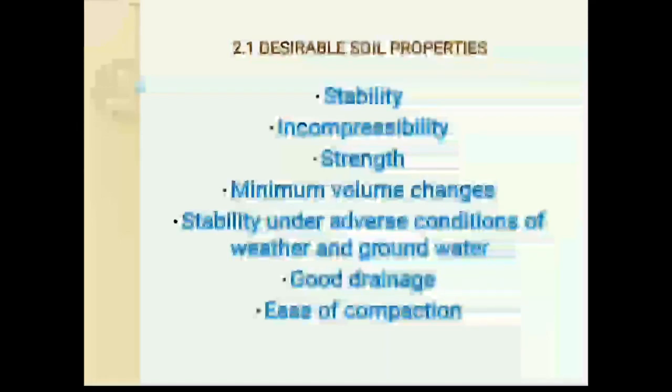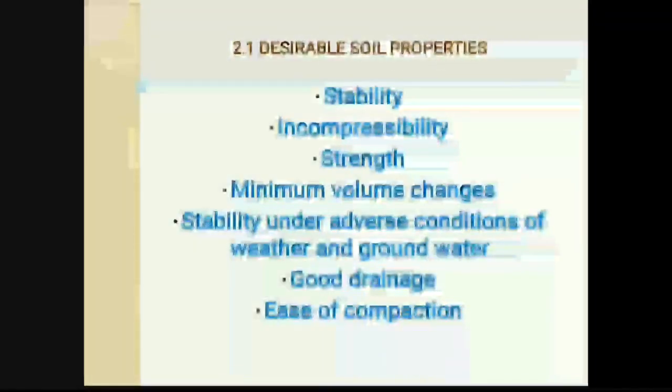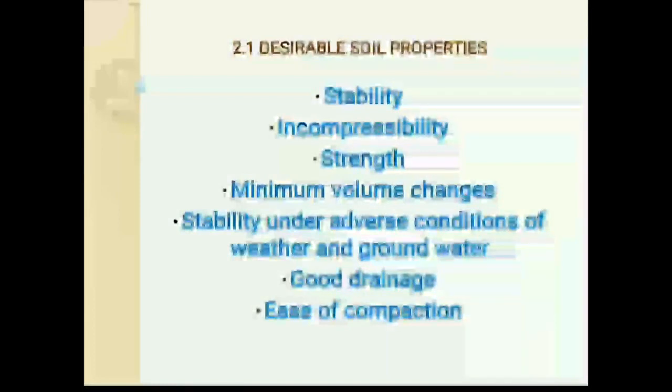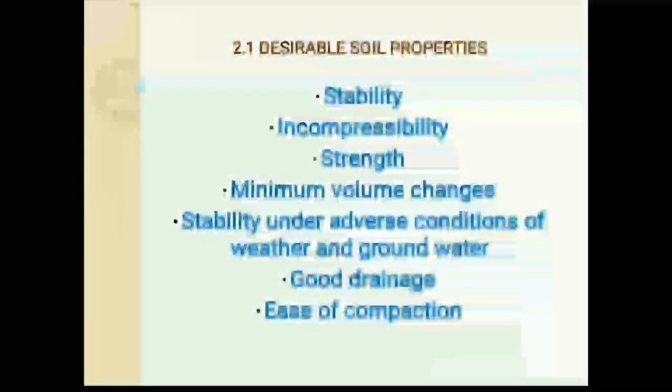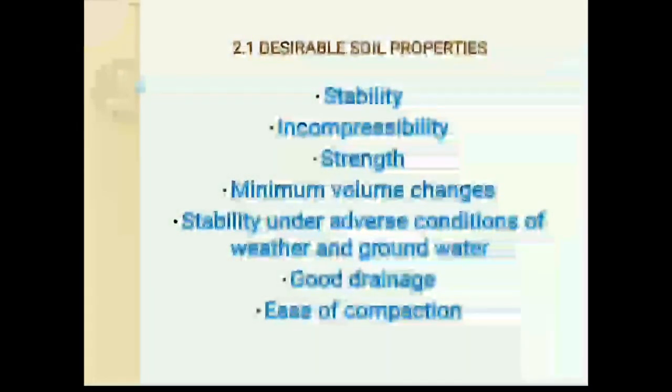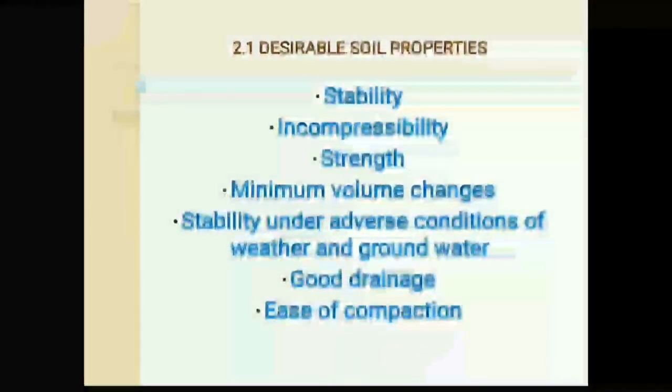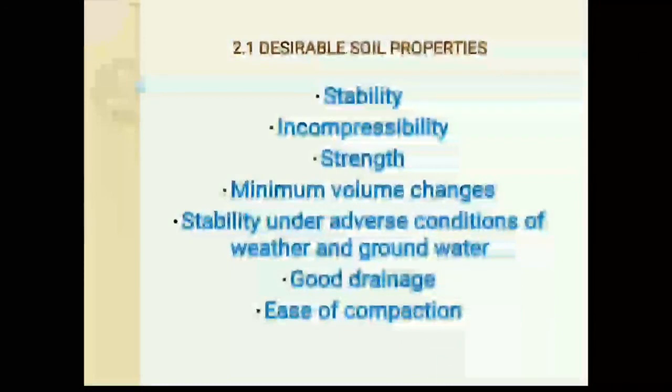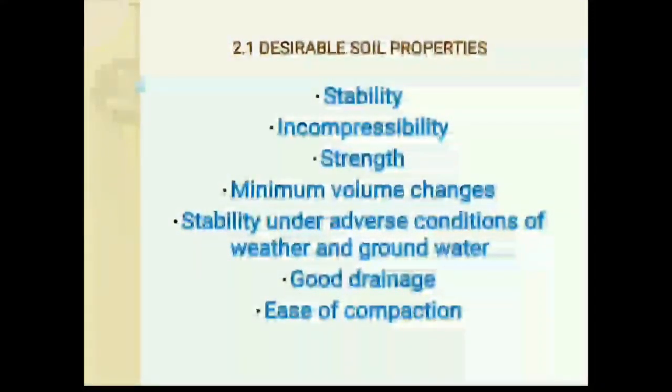The stability of subgrade soil can be improved by soil stabilization. Sometimes thickness of various layers is increased to improve the stability. When road is constructed in embankment, the factor of safety for slope stability should be 1.5.